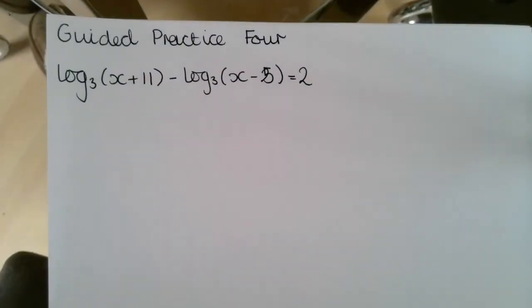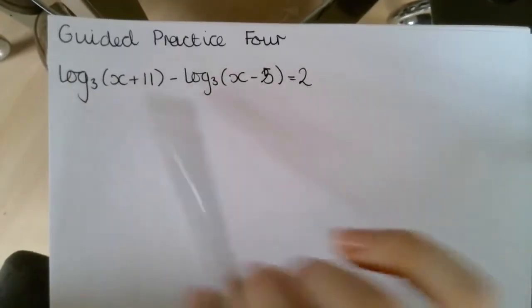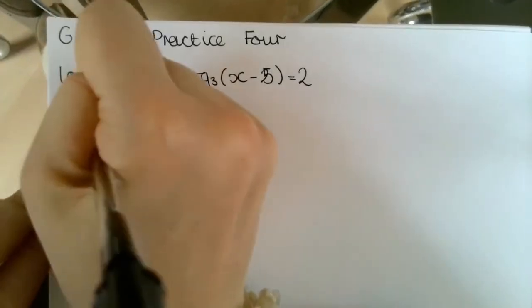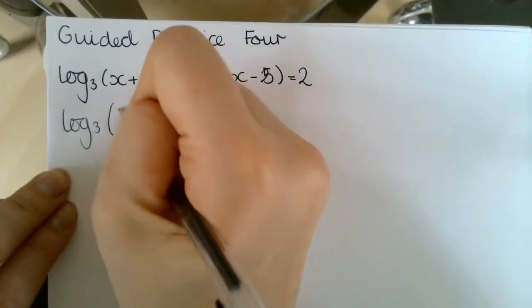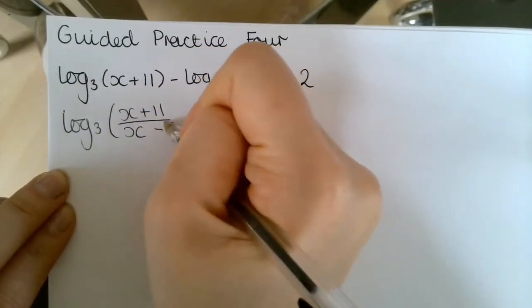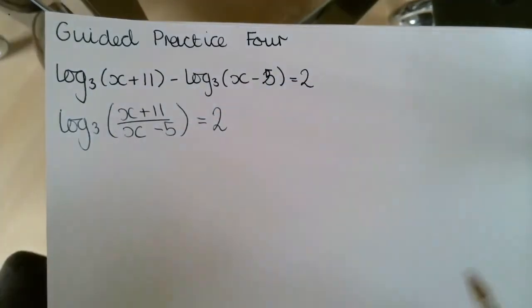Okay, for this one we're going to use the division rule because we've got two logarithms with base 3 and we're subtracting them. So we get log base 3 of x plus 11 over x minus 5 is equal to 2.